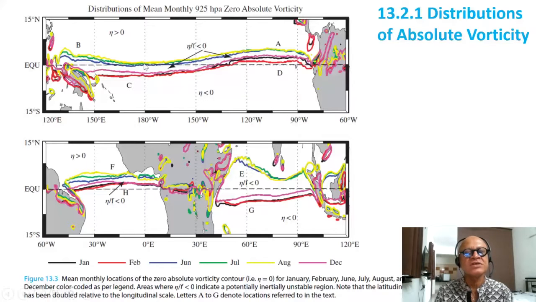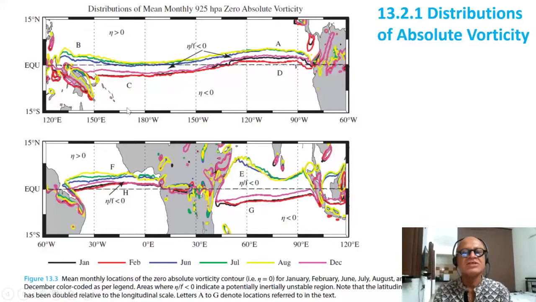But when you have cross-equatorial transports of eta, you have eta or f less than 0, which are unstable. Okay, they are potentially inertially unstable. As we said, just because you pushed vorticity across doesn't mean you will have convection, because the atmosphere could be statically stable and cap convection.